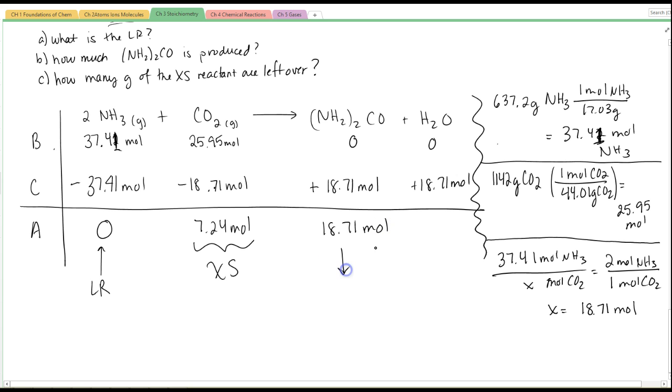I can take that 18.71 moles of NH2CO, I'm going to move that over a little bit. I need to convert that to grams of NH2CO.